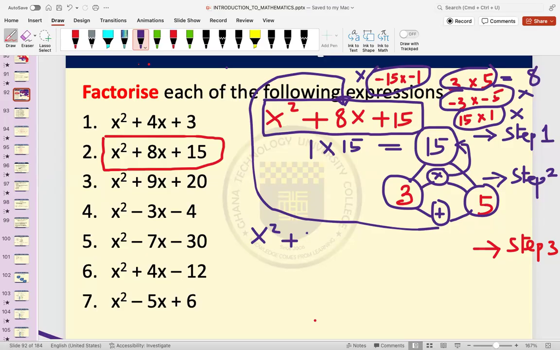So 8x is the same as 3x plus 5x. Then we bring your plus 15. Now you can see the change: 3 terms has now changed to 4 terms. So we can group them 2 by 2.